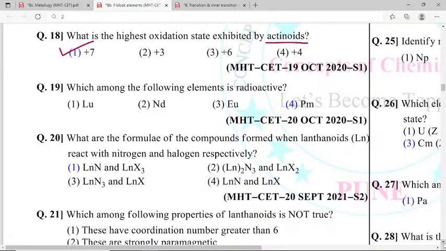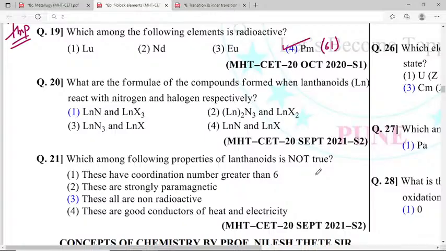Which among the following elements is radioactive? Pm stands for promethium, atomic number 61. Promethium is the only radioactive lanthanoid. This is a very important question. What is the formula of the compound formed when lanthanoids react with nitrogen and halogens?